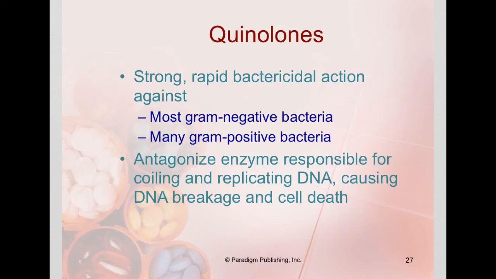That creates DNA breakage and the cell dies. Quinolones are normally used for bone and joint infections, infectious diarrhea, UTIs, STDs, upper respiratory infections, and again, the main side effect is the GI upset. They shouldn't take it with antacids because it affects the absorption as well.